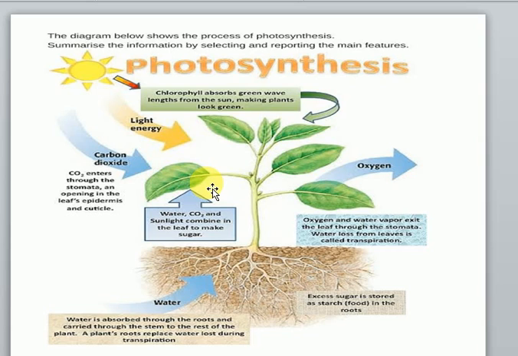So the water has now gotten to the leaves, but we need carbon dioxide to enter. How does it enter? It enters through the stomata underneath the leaves or above the leaves, as the case may be. Some leaves have stomata on both sides.